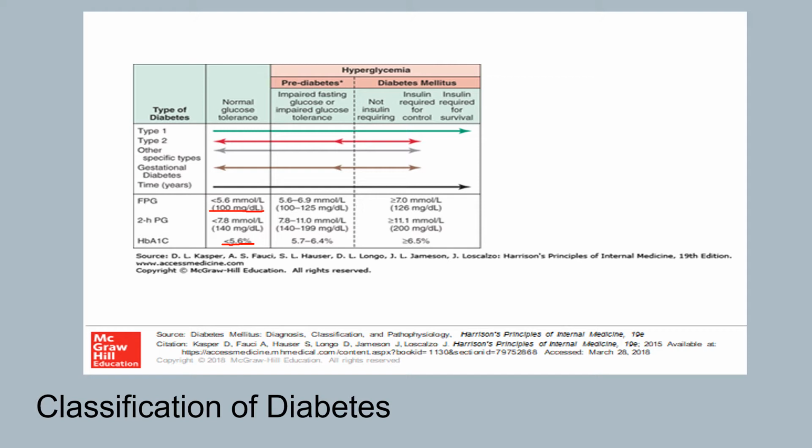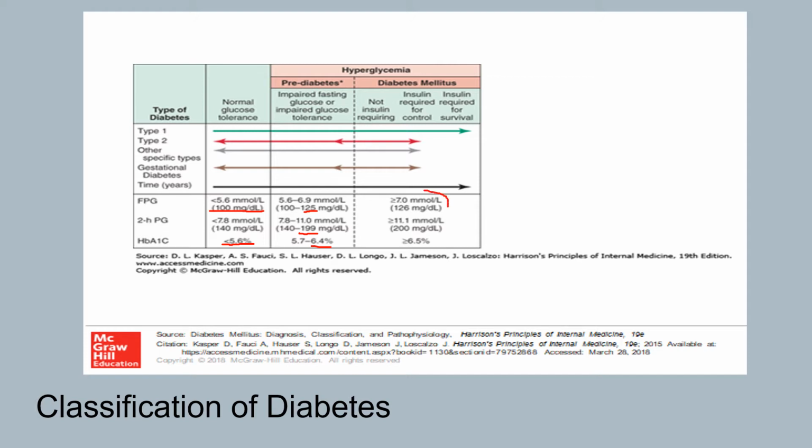Pre-diabetic, which in some classifications is now being reclassified as high risk for diabetes: fasting plasma glucose below 125 and 2-hour below 200, with A1C up to 6.4.